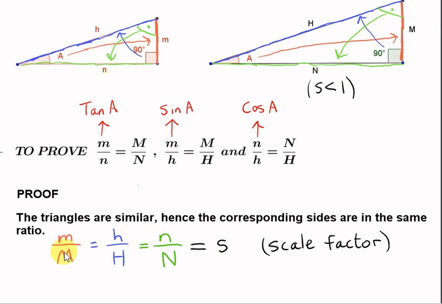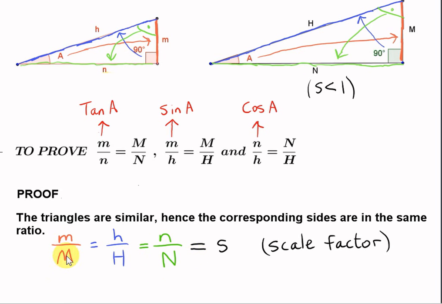If I took the reciprocals of these values, then S would be a number greater than 1. We would be talking about scaling up this small triangle to get the big triangle. If I was taking the ratios big M over little m, big H over little h, big N over little n, that's not what I did here, but it doesn't matter which way you do it.